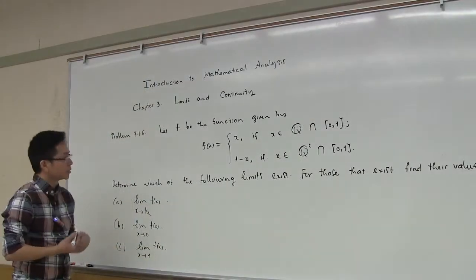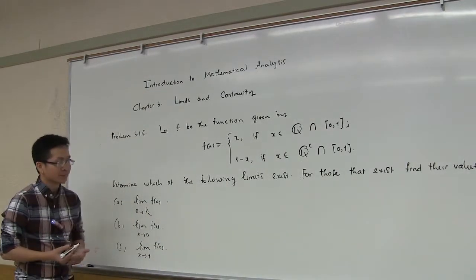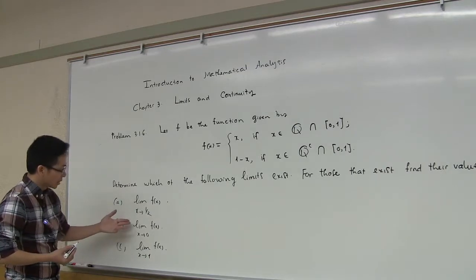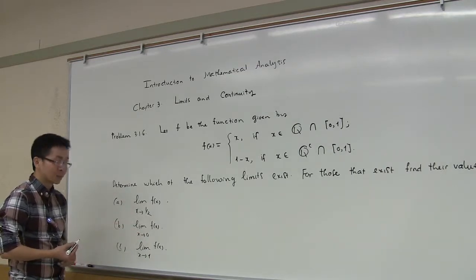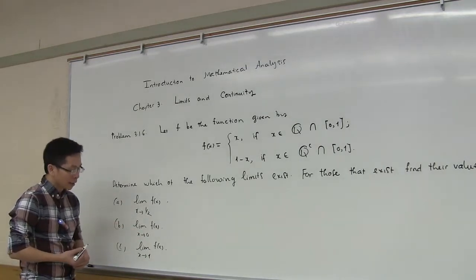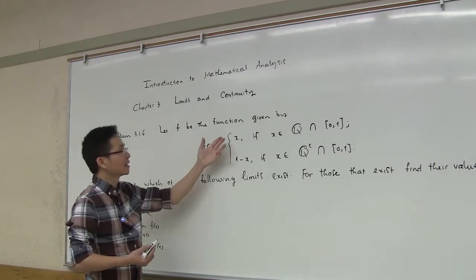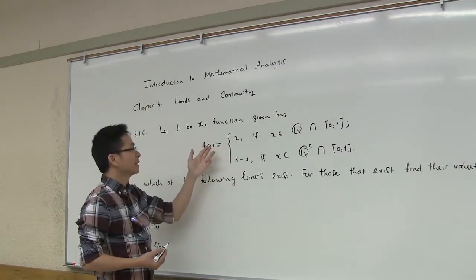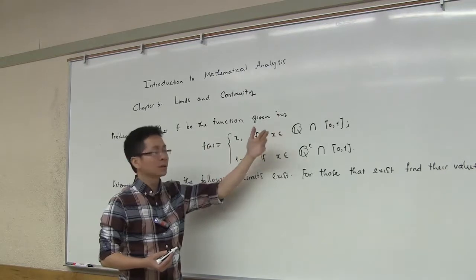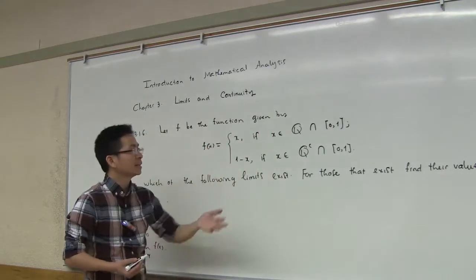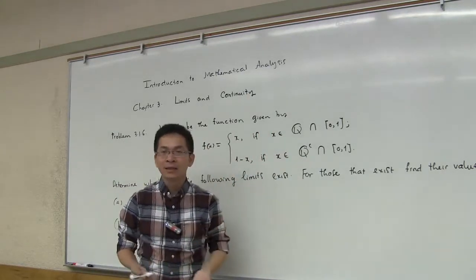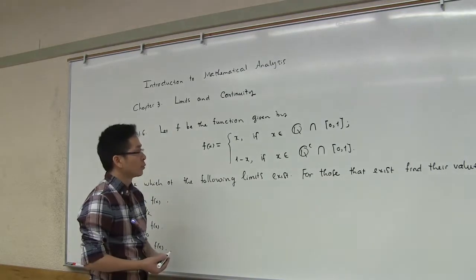Now we are going to focus on the second part of the problem, considering the limit of f of x as x approaches 0. Now let's look carefully at the definition of the function. F of x here is x if x is in Q, and 1 minus x if x is not in Q. X here is in the interval 0, 1.